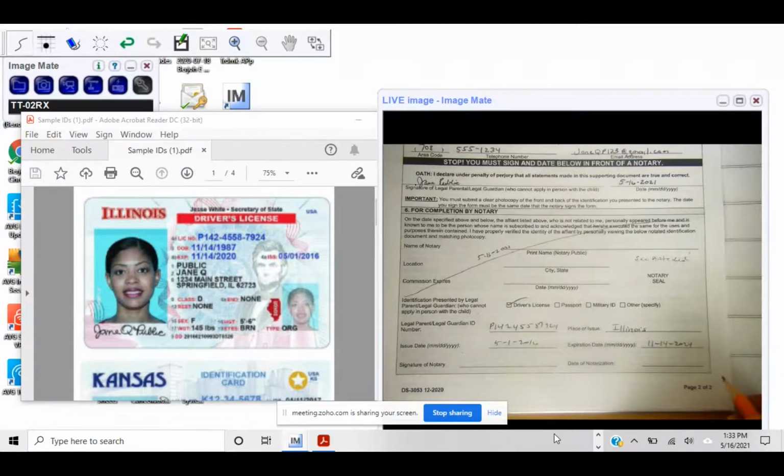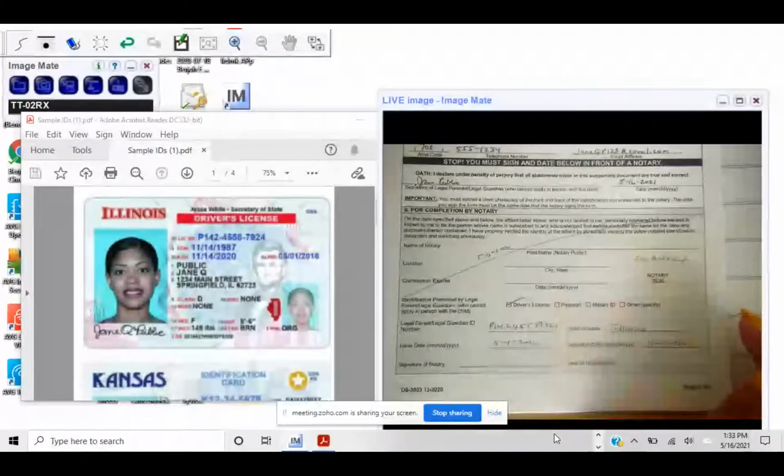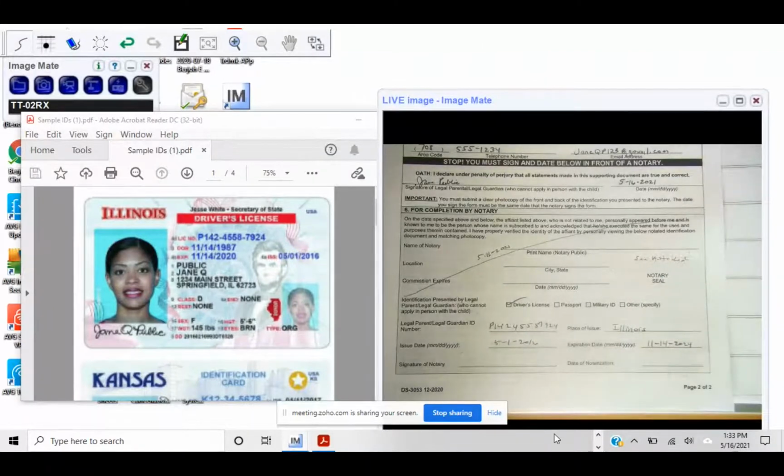But the scenario that I explained to you guys prior to, it was brought to my attention that this is actually correct. That actually does happen a lot. So you just want to be mindful of that. In my situation particularly, my husband's son's mother tried to have someone else sign for him.